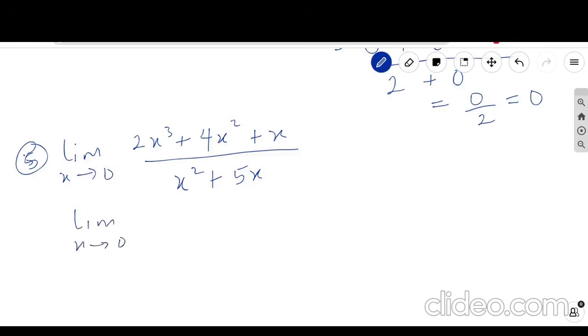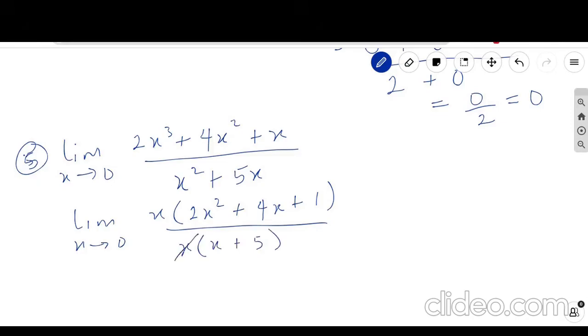Alright, so looking at the question, something is common. I can factorize; x is common here, so we have x squared plus 4x plus 1 over the lower part. x is common, so we are left with x plus 5. This can cancel this, then we have lim x tends to 0 of x squared plus 4x plus 1 over x plus 5.